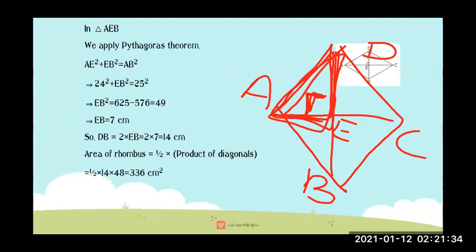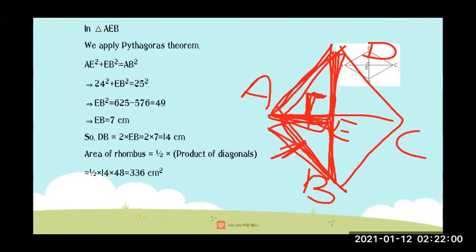Now Pythagoras theorem is hypotenuse square equal to one side square plus other side square. So here my hypotenuse is, wait, here I have taken the triangle AEB. Now here my hypotenuse is AB.